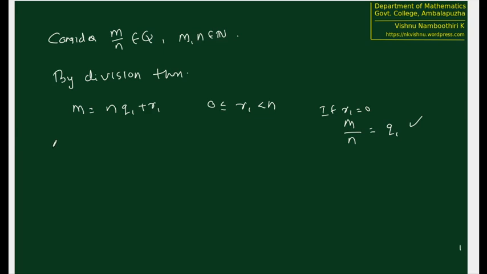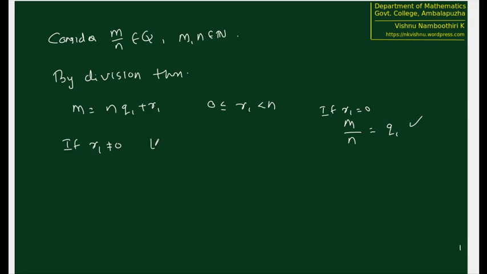Now if r1 is not equal to 0, we need to continue the division. We know that r1 is less than n, and therefore we cannot divide r1 by n. So we need to multiply r1 with some power of 10 in such a way that 10 to the power k1 into r1 will be greater than or equal to n.